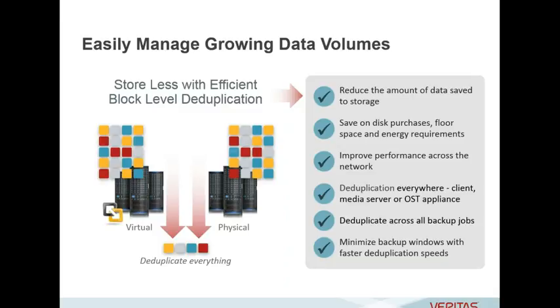OST stands for Open Storage Technology, and this is essentially third-party storage vendors that utilize our technology. Using client-side, we can send the data straight to the OST appliances, completely bypassing the Backup Exec server itself, therefore again reducing the load and the network traffic, because we're only sending the unique data. So we've got lots of different areas where you can use deduplication.